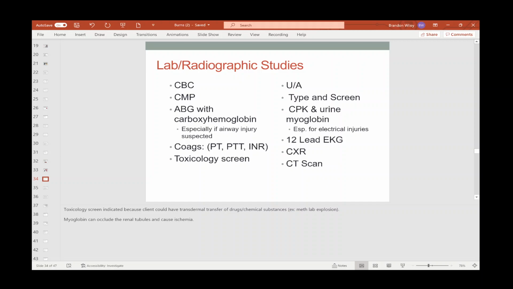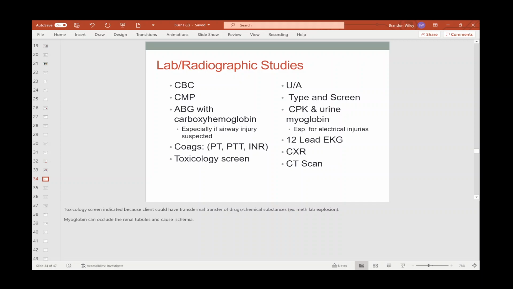We could have delirium and all these other comorbidities along with this burn victim. So now we're dealing with a burn and all of that, plus their comorbidities. So we need to know what that toxicology screen says.